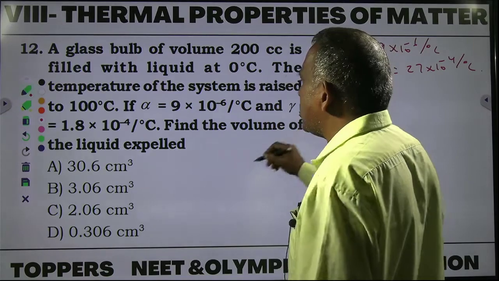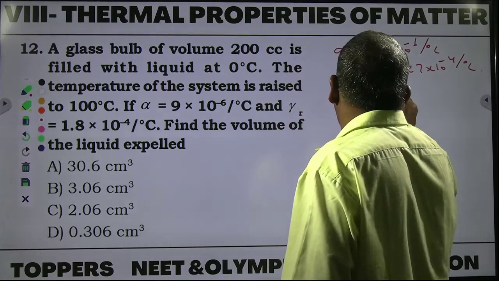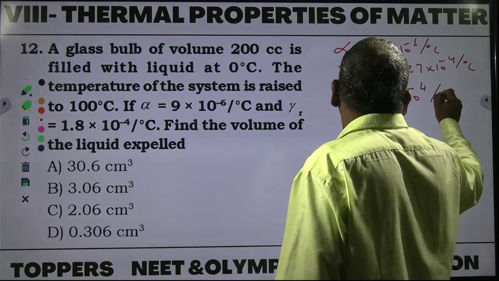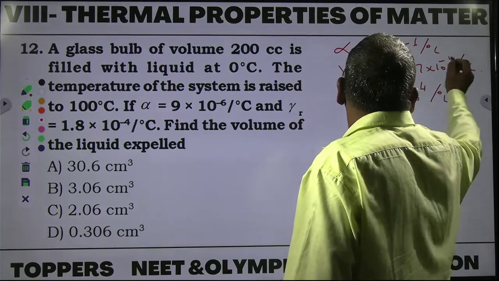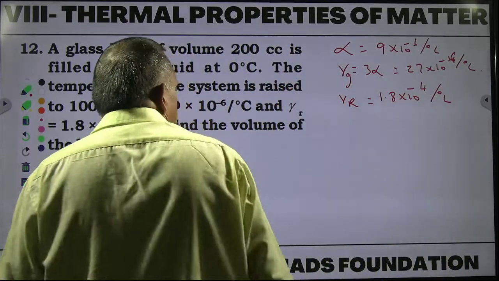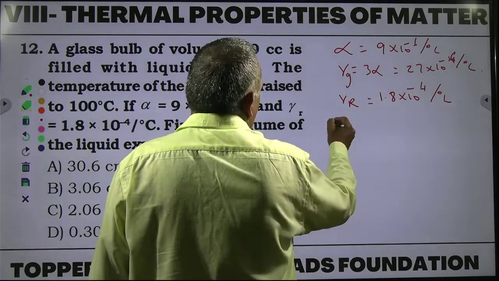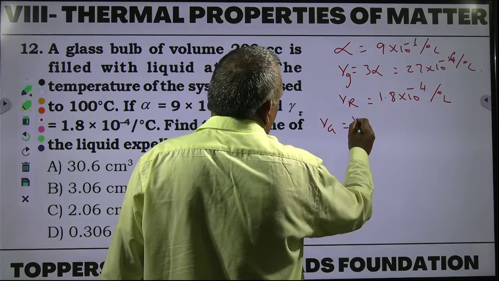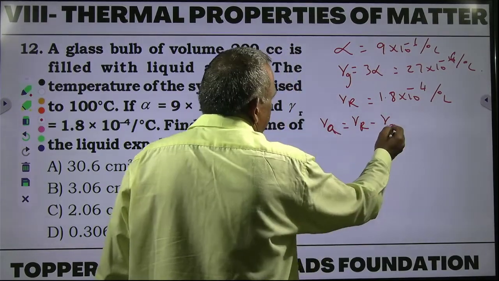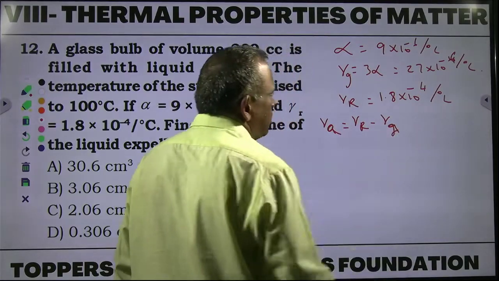The real expansion is how much? 1.8 into 10 power minus 4. Now to find gamma A, it is nothing but real expansion minus container expansion.